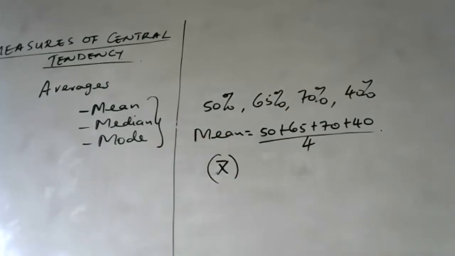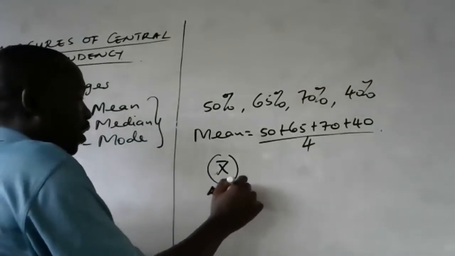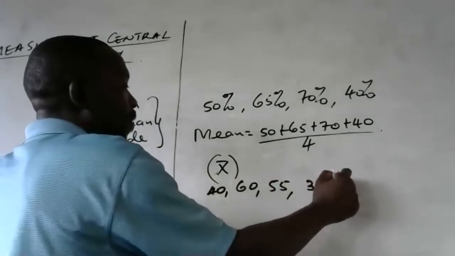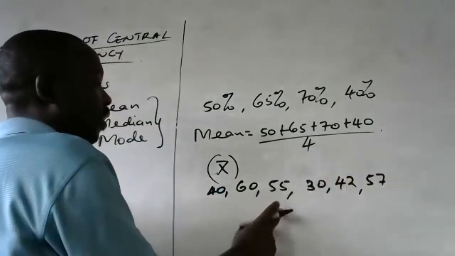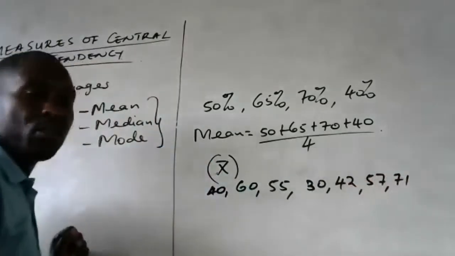Instead of calculating the mean, we can get the median mark. For example, if the scores were maybe 40, 60, 55, 30, 42, 57, and maybe we say we had somebody with 71.